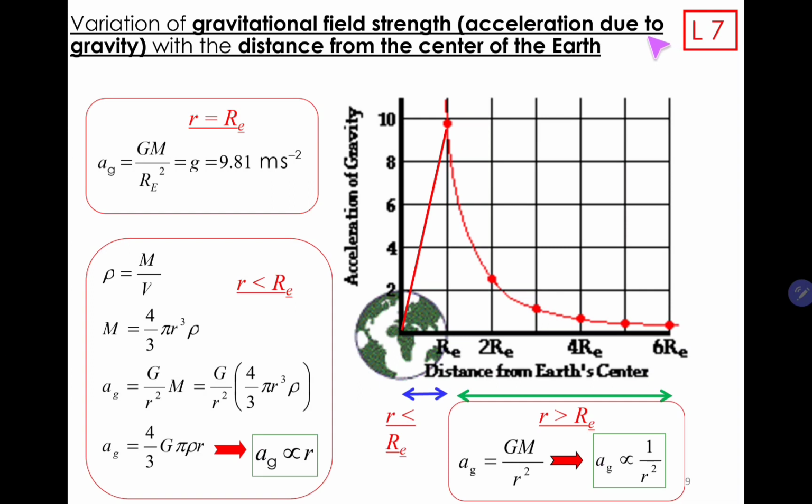Let me show you first: the area below the surface, then on the surface, and the third one above the surface. So what happened to Ag? It's not so clear, I think I need to change the color.